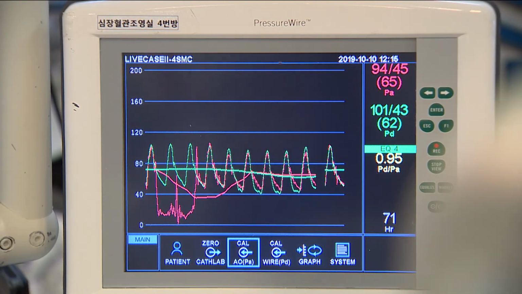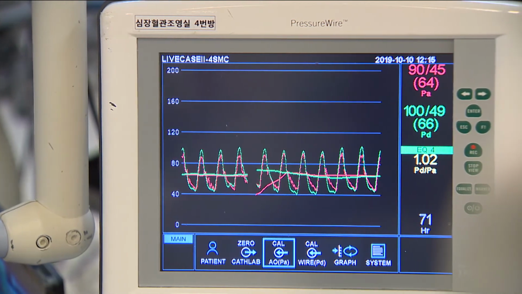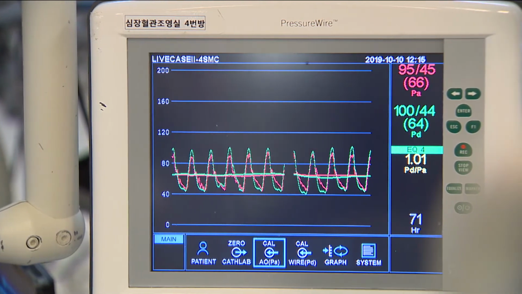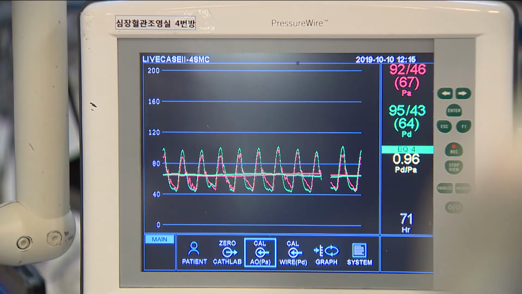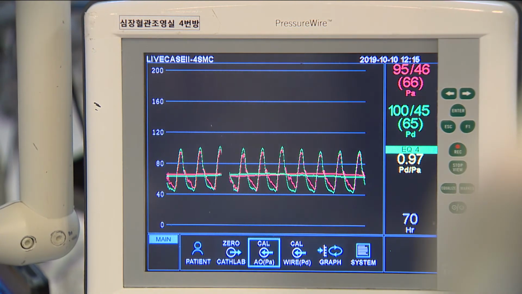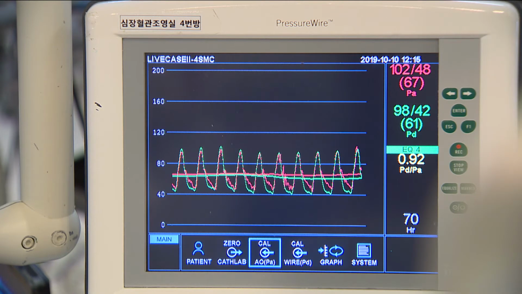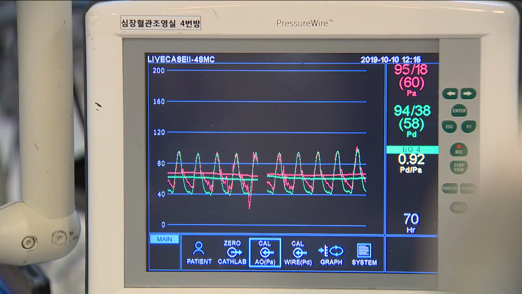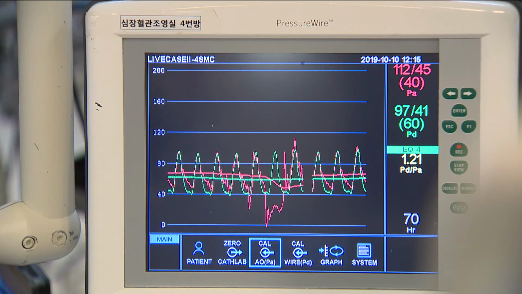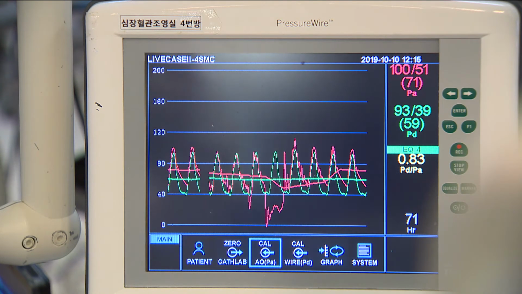And fluoroscopy in the subscreen. Same position.